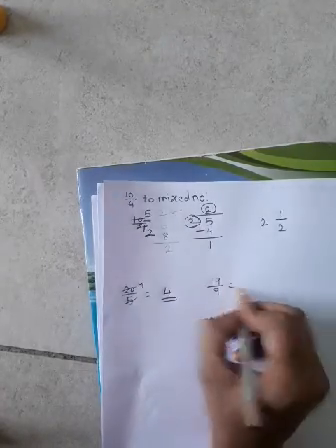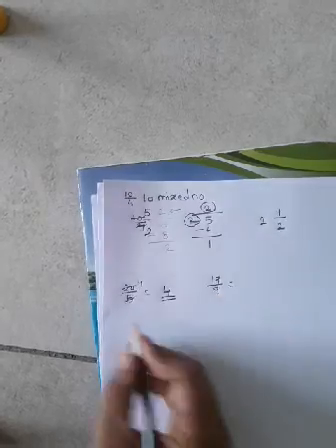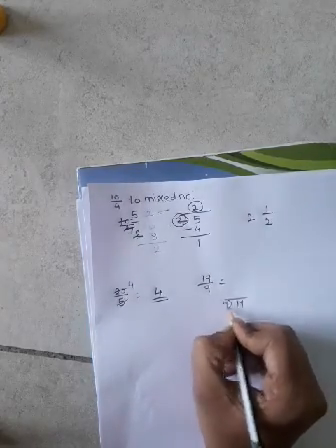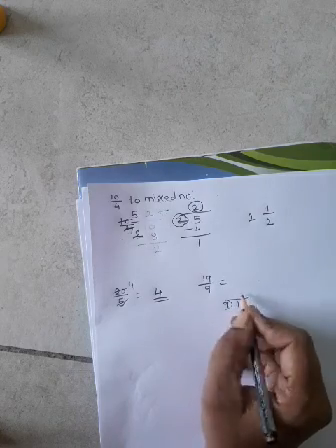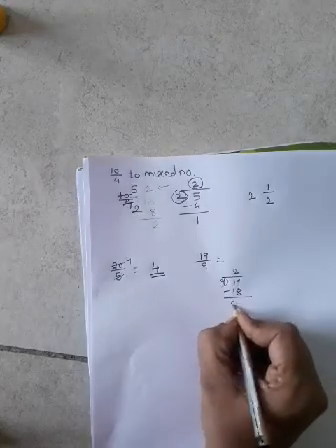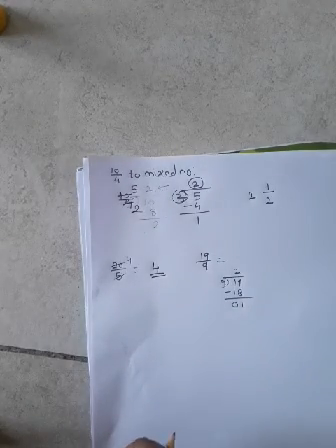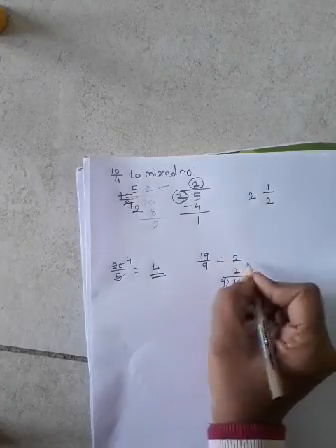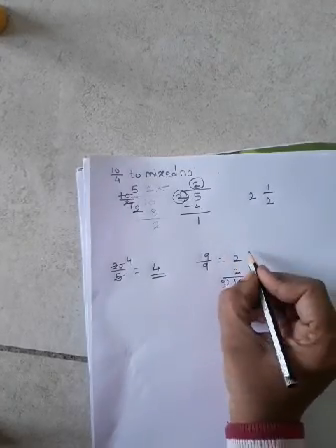How to convert to a mixed number? 19 divided by 9. 9 ones are 9, 9 twos are 18. 1 is the remainder. How to write? 2 is the natural number, the complete number.